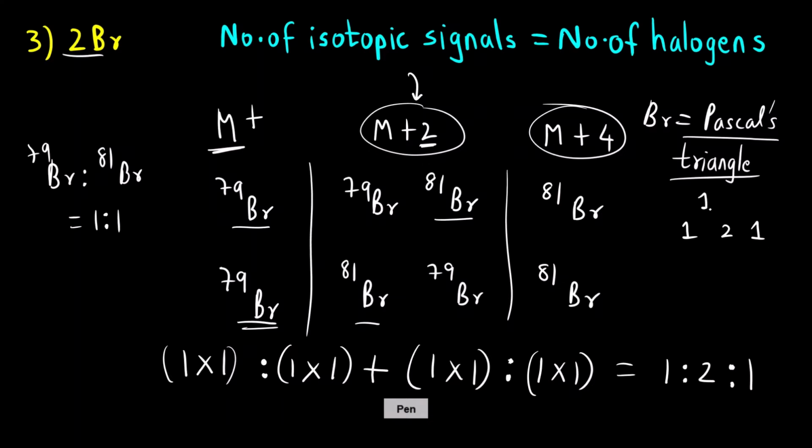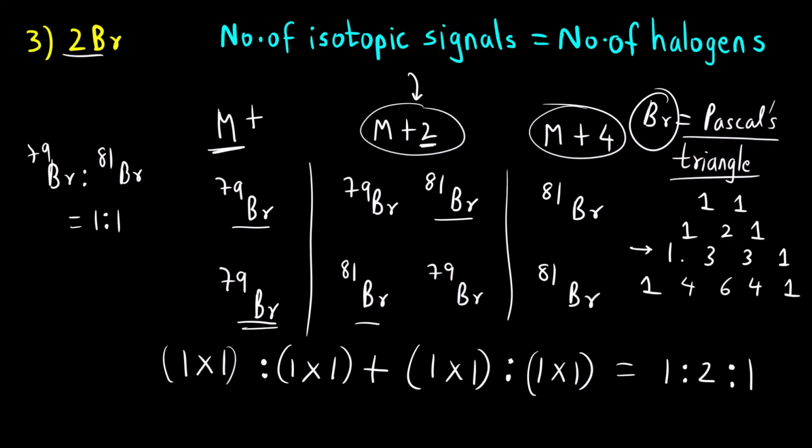First you take 1:1. Then for the middle number you have to add both the numbers above. 1, then 1 plus 2 is 3, 2 plus 1 is 3, and 1. Then if there are 4 halogens, 3 plus 1 is 4, 3 plus 3 is 6, 3 plus 1 is 4, and the last is 1. In this way we can use Pascal's triangle to find out the isotopic ratio for bromine.